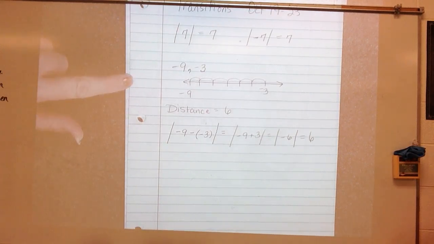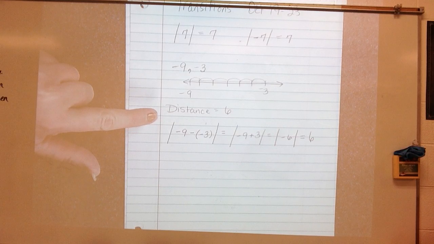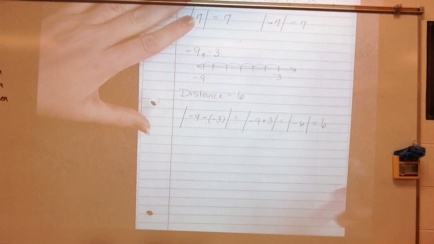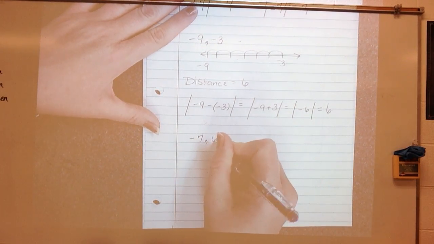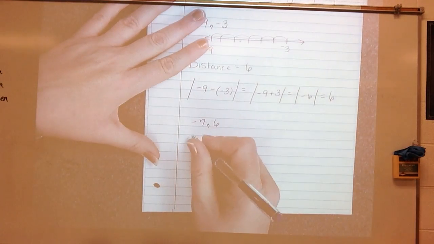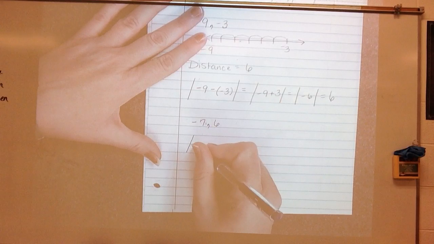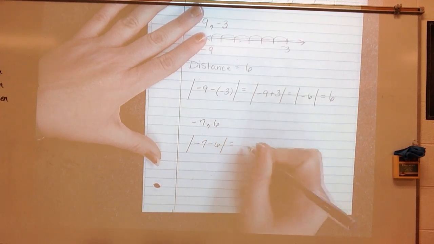Like I said, you can do this two ways. You can draw it out on a number line, or you can find the difference, meaning subtract the two numbers. So what if I want to find the distance between negative 7 and 6? I don't want to spend the time doing a number line, so negative 7 minus 6.